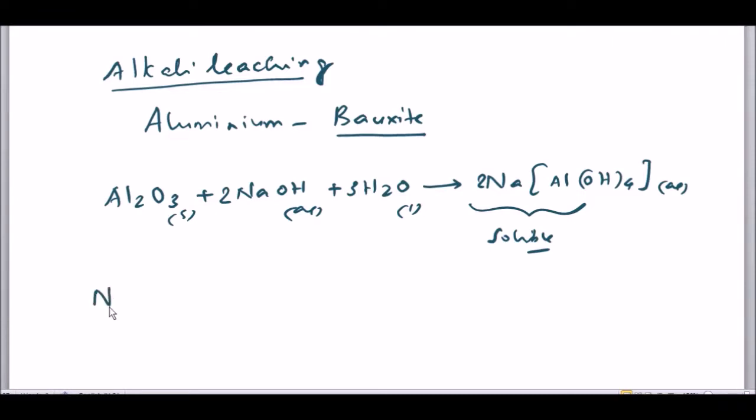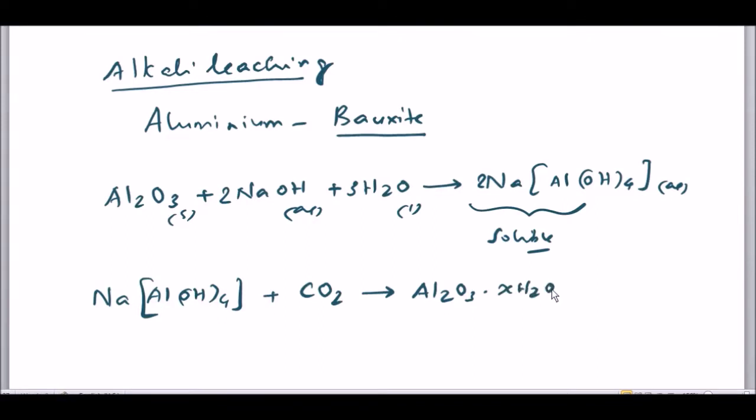After getting this complex compound NaAl(OH)4, how to recover the ore from that? For that purpose, it is to be treated with carbon dioxide. While treating with carbon dioxide, we can get back Al2O3·xH2O, and we will have sodium bicarbonate NaHCO3 aqueous. And for writing the balanced equation, we can take 2 times and 2 times.